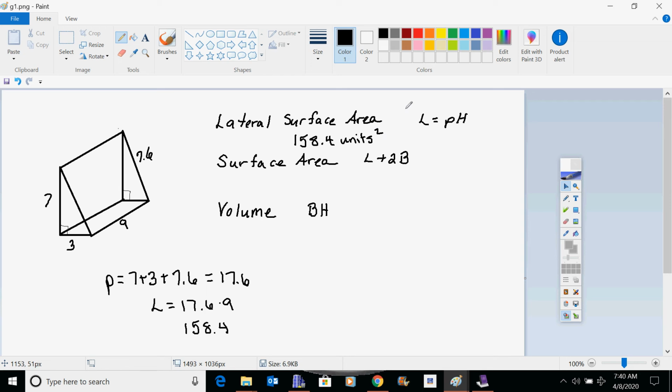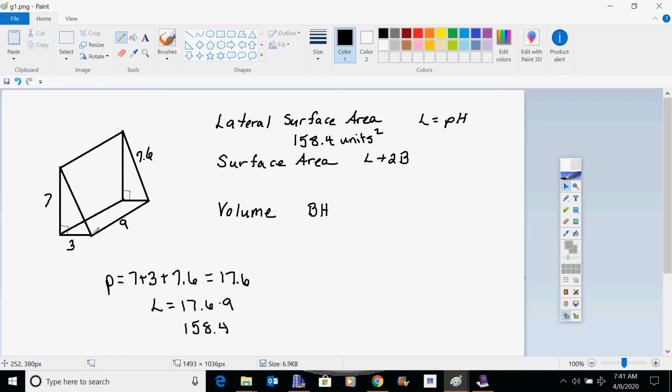All right, so just so you know, the lateral surface area on any prism is the area of those rectangles that go up along the sides, even if the thing is knocked over on its side. The parallel sides are the bases, so the lateral surface area only affects them.